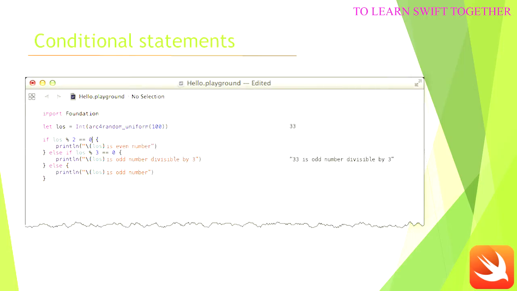For example, we can check whether a random odd number is also divisible by 3. For this purpose, we use another if-else construction which, based on the modulo 3 operation, checks whether the number can be divided by 3 without a remainder or not.